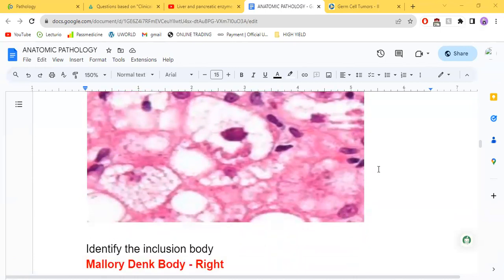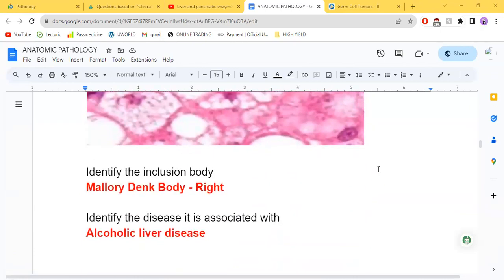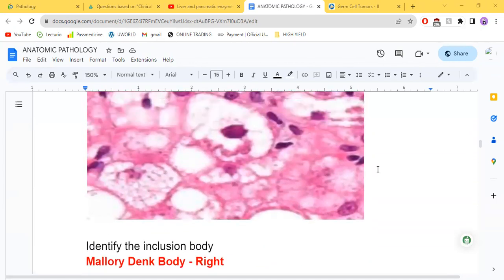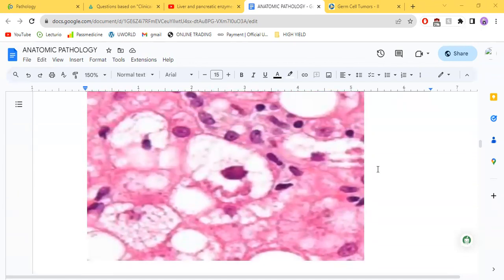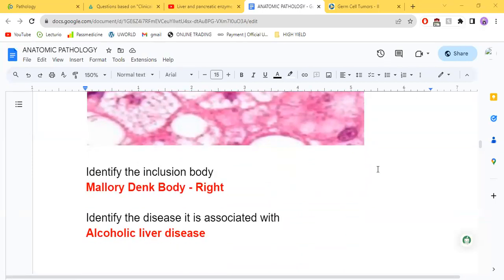Great. Mallory-Denk bodies usually come about when you have degeneration of hepatocytes, usually due to insults like alcohol, which lead to cirrhosis. When the hepatocyte is damaged, you get these eosinophilic cytoplasmic inclusions that are very prominent in the hepatocyte. So that's when you get Mallory-Denk bodies.